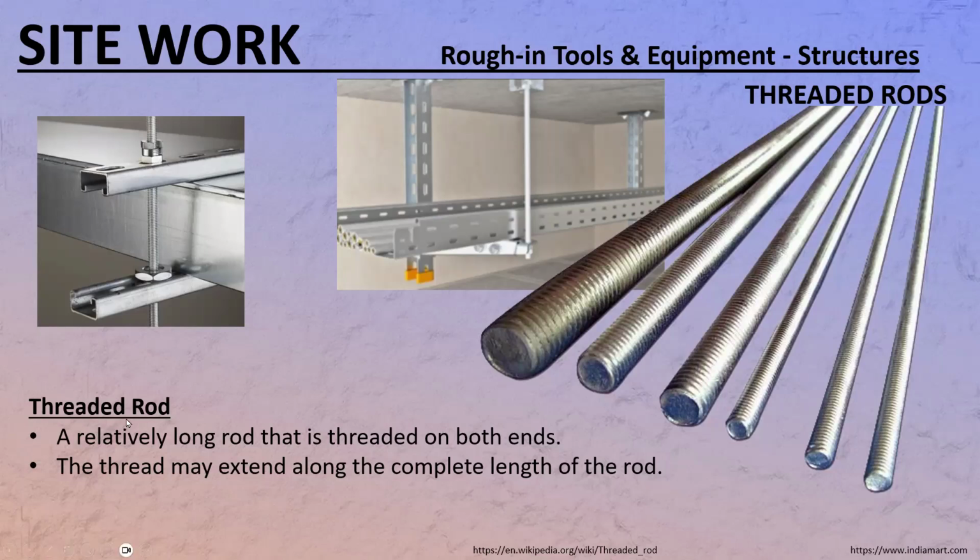All right, so threaded rod is a relatively long rod that is threaded on both ends. The thread might extend along the complete length of the rod. Some of the threaded rods come with just both ends threaded. That gives you some limitation on the length that you can use.